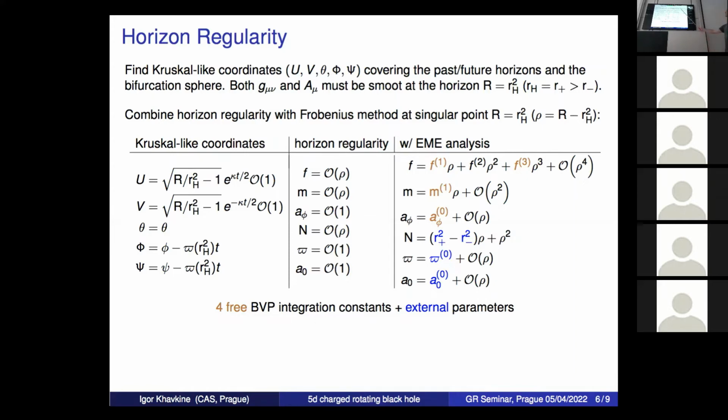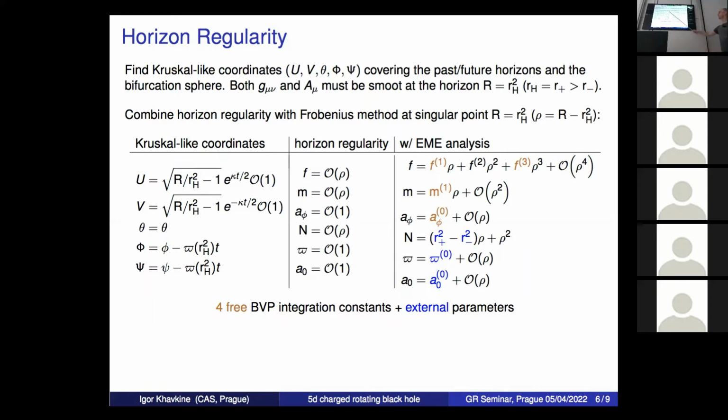Sometimes I'll change the notation a little bit. So H for me is the location of the outer horizon, and R plus and R minus are the constants that appear in the integration of one of the conservation laws. But I usually set the location of the horizon to be R plus, which is the outer root.